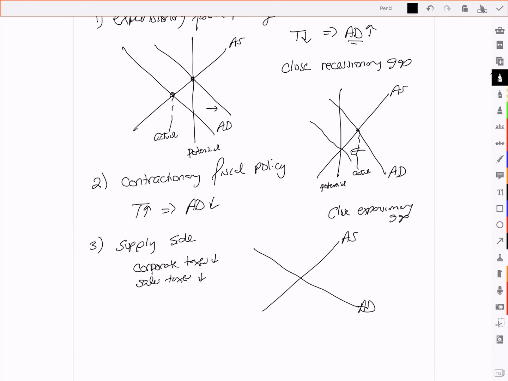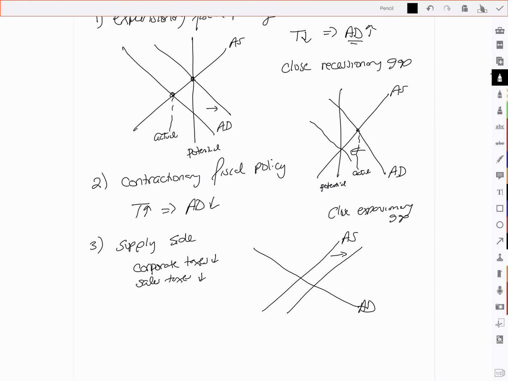Because when you go and buy a product, it's the business that's paying the sales tax to the government on your behalf. So as a customer, sales taxes just impact the price, and price doesn't change demand or supply. To the business, that tax is a cost. It's a cut away from some of their profit. Just like corporate taxes, take away some of that money that the business makes. So if we lower the corporate taxes and we lower the sales tax, then we're actually increasing the aggregate supply because the cost to make the goods has gone down.